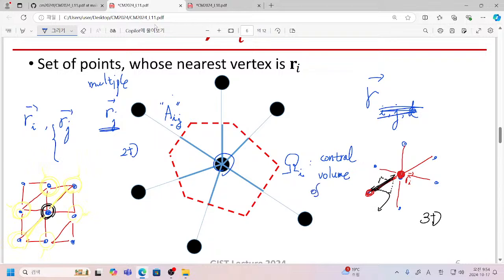volume of a point R sub i. And the calculation of this Voronoi diagram is really mathematically tricky, so I'm not an expert on that matter, but fortunately there are many other people who have developed good enough libraries for us.